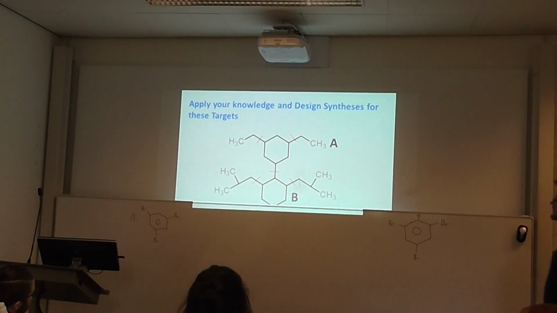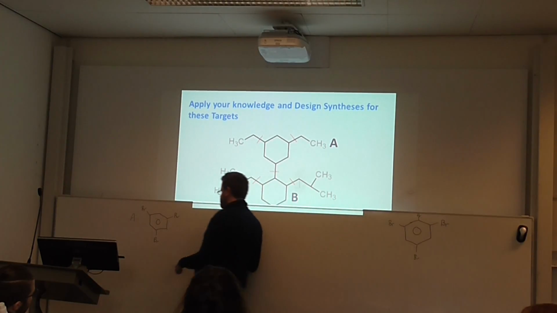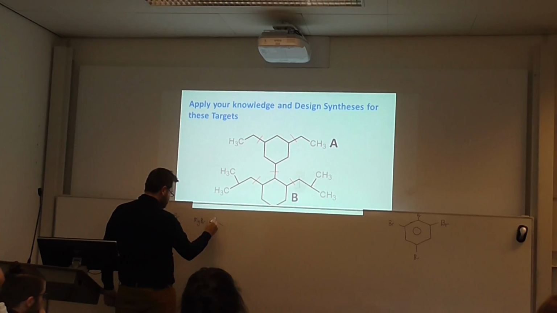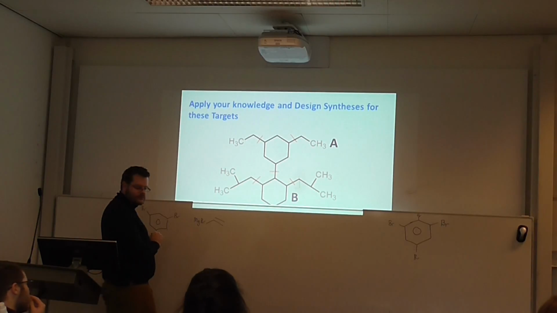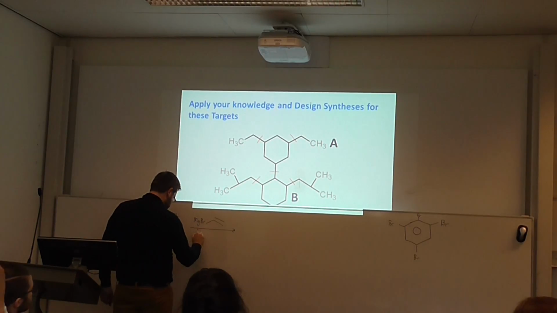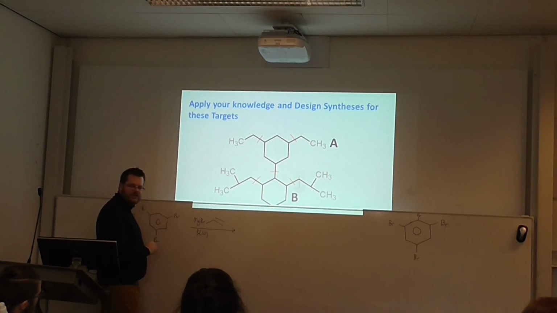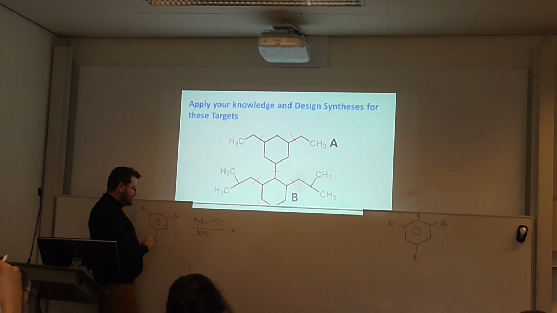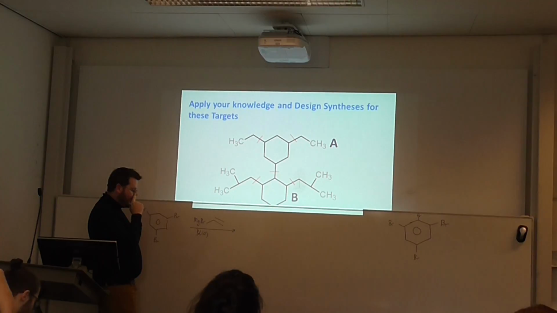Well, what about this? One of the coupling reactions we looked at used a Grignard reagent. This is the transmetalating reagent. So, if we do that reaction, what are we going to get as a product?